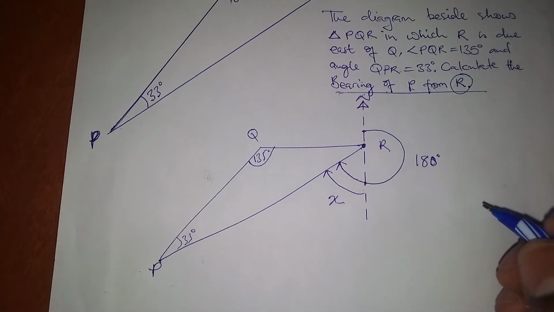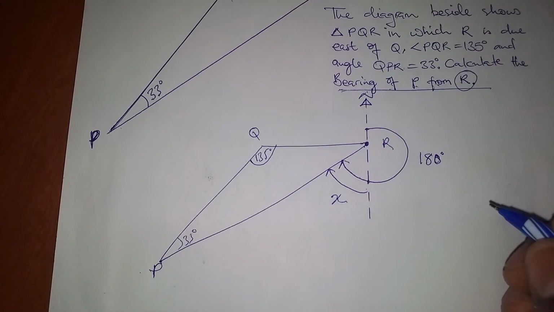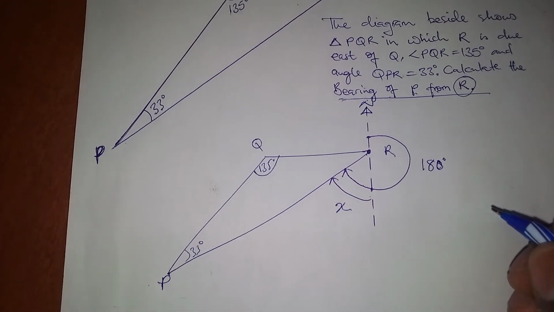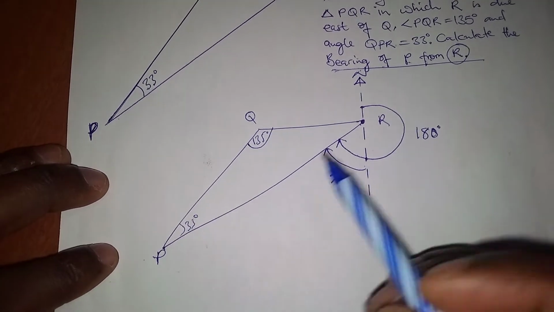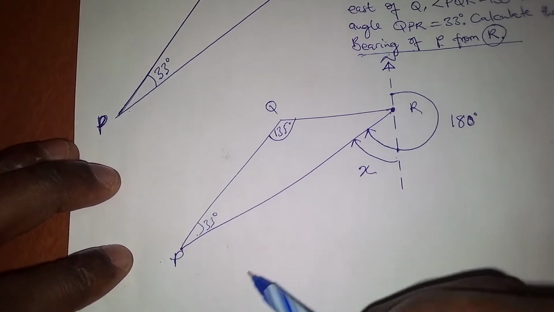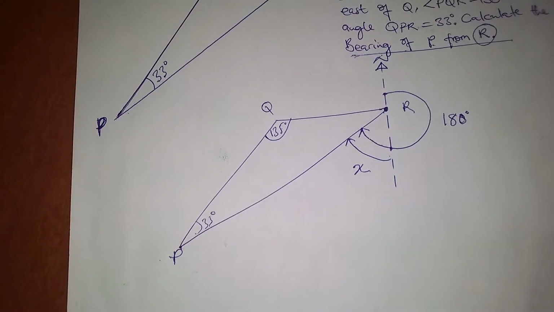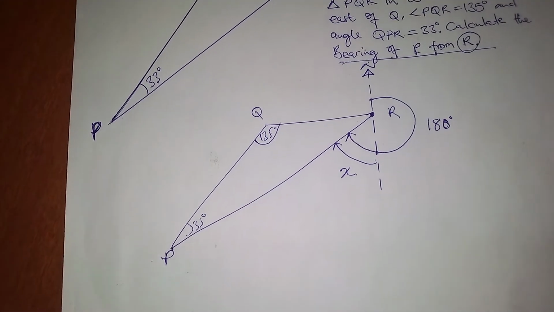Let's apply a certain property of a triangle. The property of a triangle says that all the interior three angles in a triangle should add up to 180 degrees.